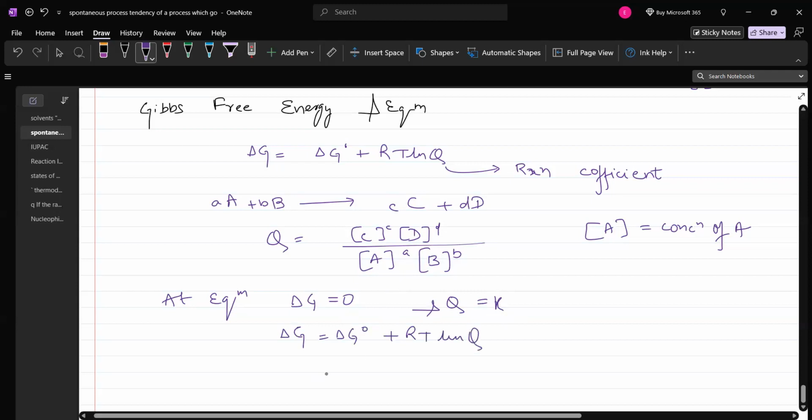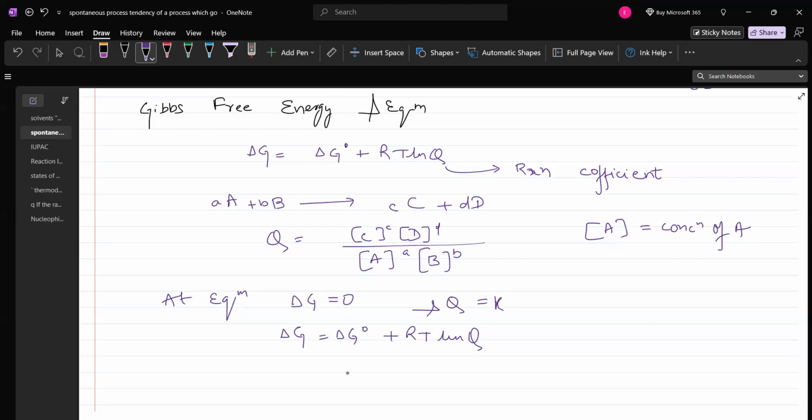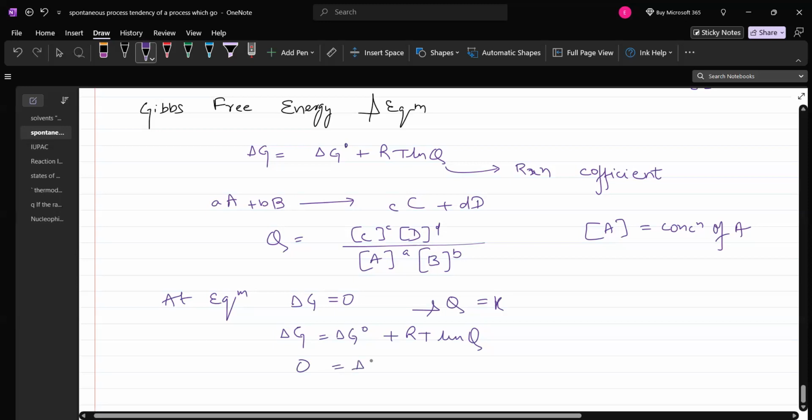So delta G is equal to delta G naught plus RT ln Q. This symbol means standard Gibbs energy. So delta G is 0 at equilibrium, so this will become 0.